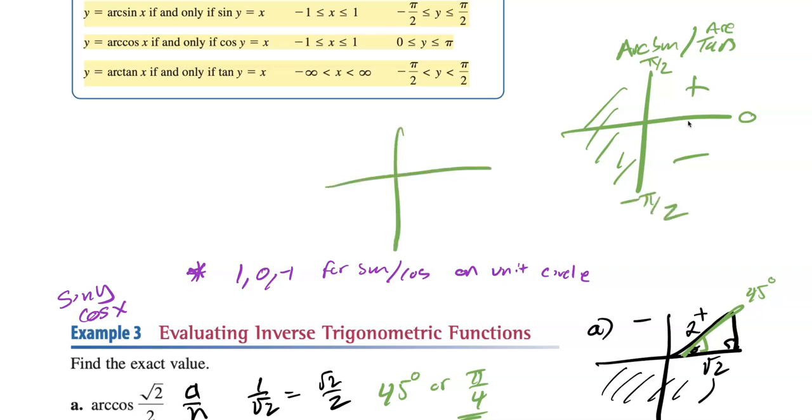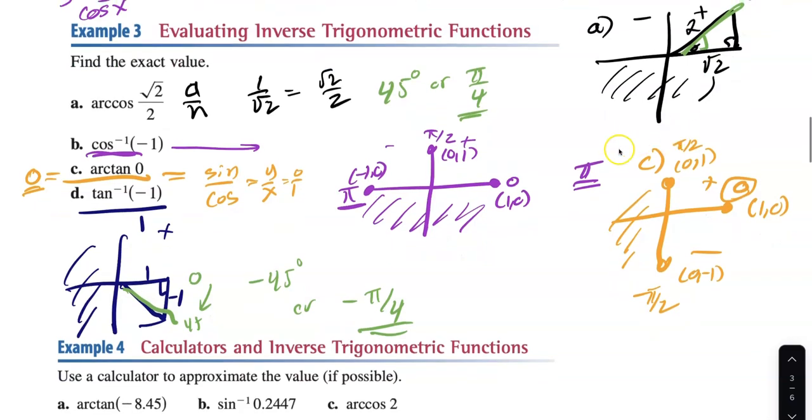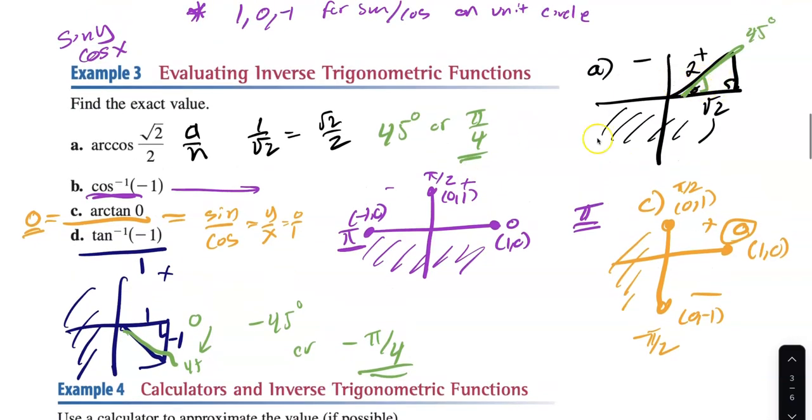If it's arccosine, which is the same thing as inverse cosine, it looks like this: 0 to pi. So that's how you do it by hand. Then you make a little triangle in the spot if it requires a triangle. Sometimes it doesn't; sometimes it's the unit circle. And you figure out what angle makes that work.